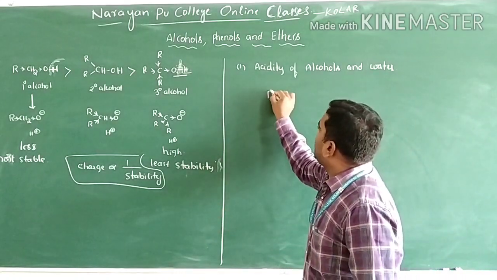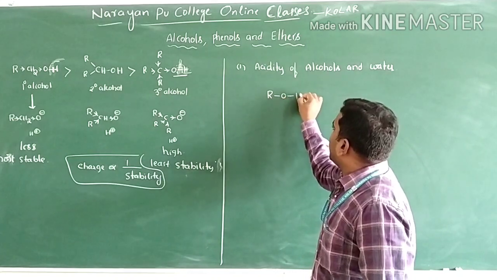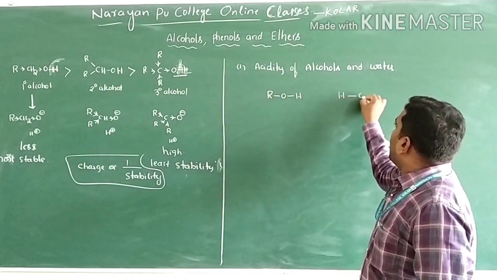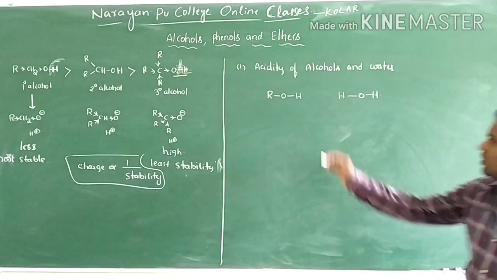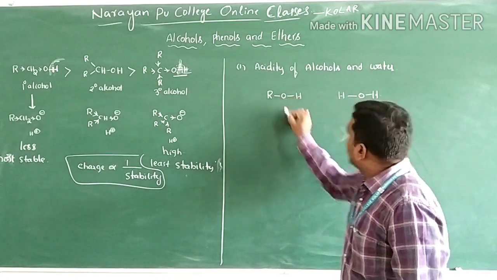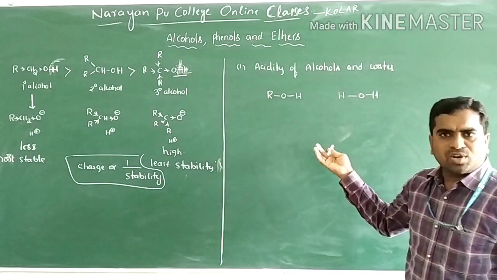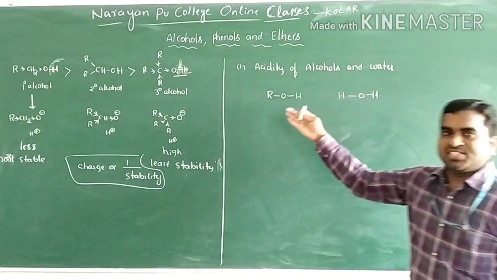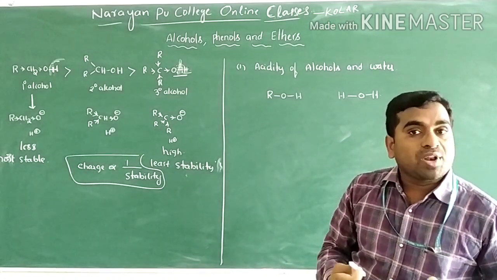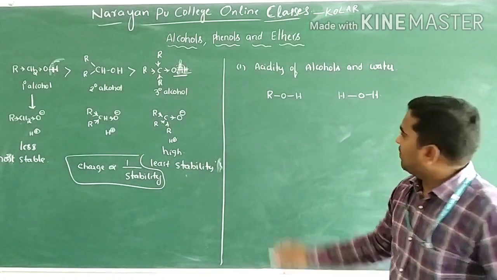Alcohol means ROH, water means HOH. Here H is attached to a highly electronegative atom, and here also H is attached to a highly electronegative atom. They can give H plus ions, and here also H plus ions. Both are acids only. But which one is more acidic? That we have to identify.